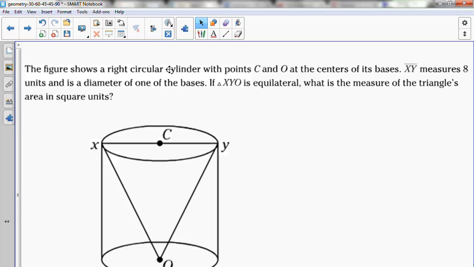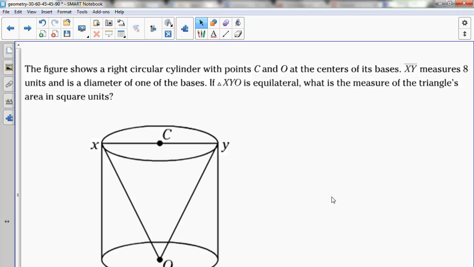In this, we got a right circular cylinder. Okay, I think everybody knows what a cylinder is. With points C and O are centers of the bases, so they're the centers of the circles. XY measures 8 units, and it's the diameter of one of the bases.